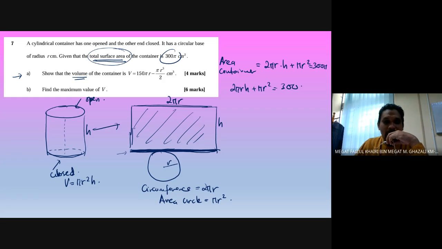So now class, we are going to find the h based on the information given. 2 pi r h plus pi r square equal to 300 pi. So 2 pi r h equal to 300 pi minus pi r square.